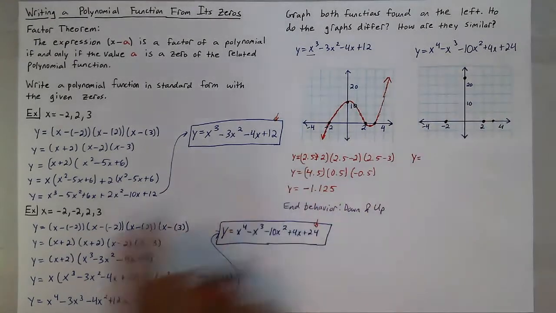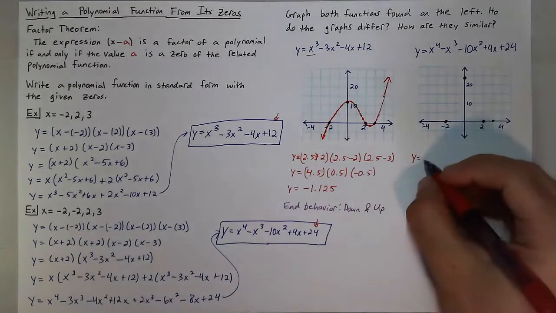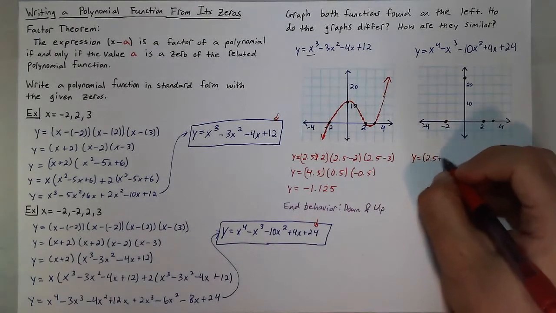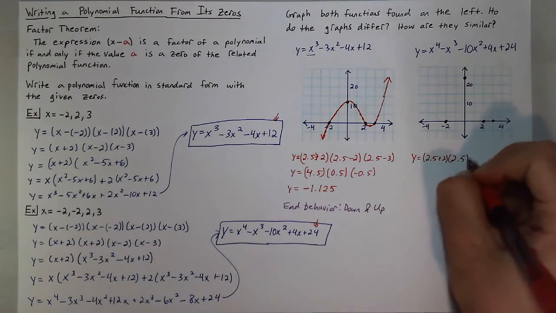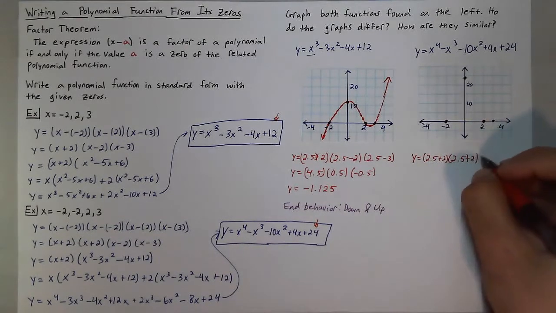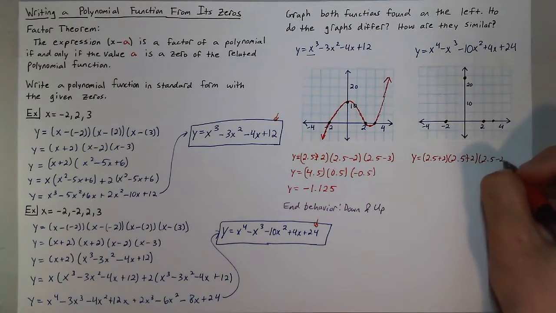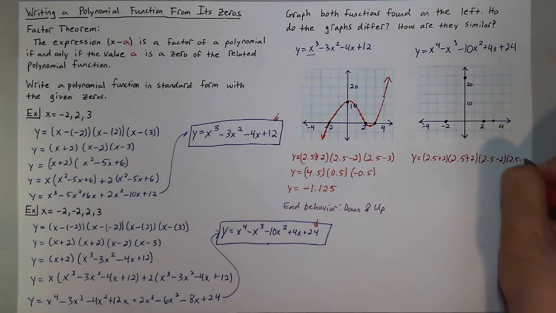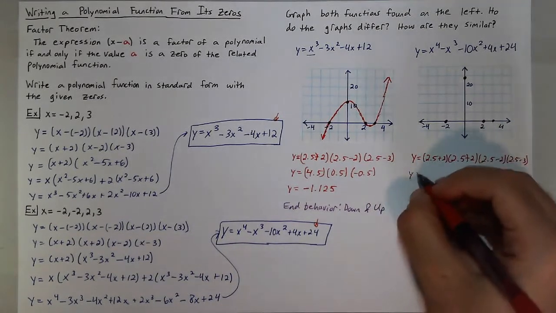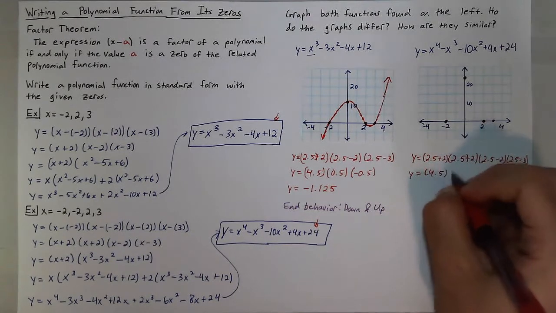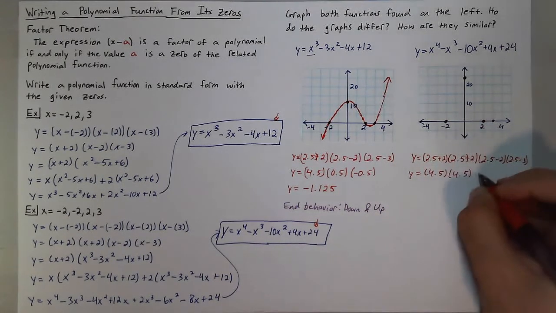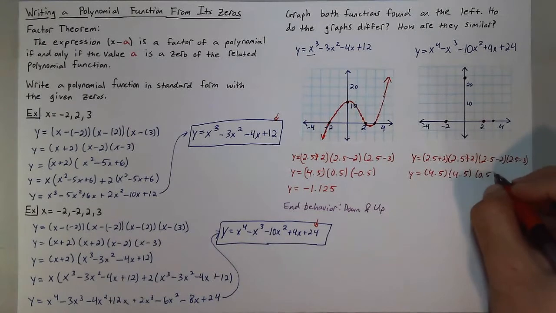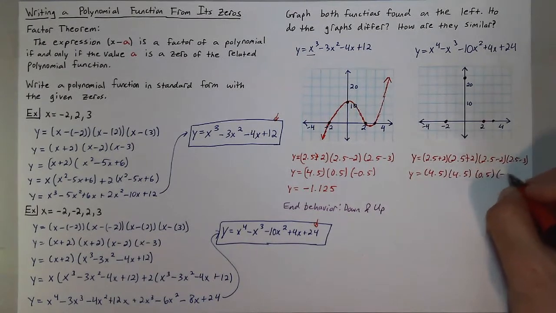But this time I have 2.5 plus 2 twice. So 2.5 plus 2 times 2.5 plus 2, then times 2.5 minus 2 and 2.5 minus 3. Which gives me 4.5 times 4.5 times 0.5 times negative 0.5.